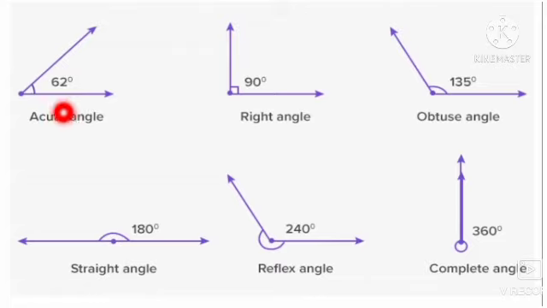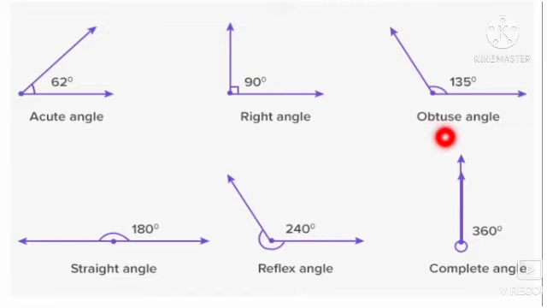Acute angle. So here children, greater than 0 and less than 90, the angle between 0 and 90 degrees is said to be an acute angle. For example, 62 is an acute angle. And if an angle is exactly equal to 90 degrees, then the angle is said to be a right angle.